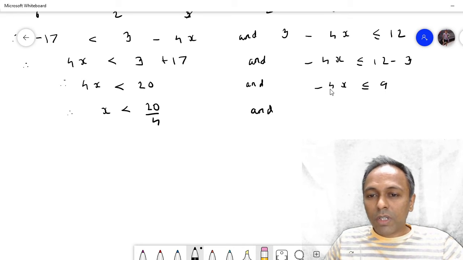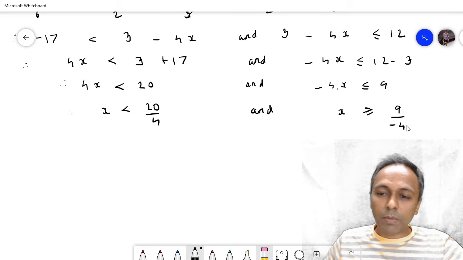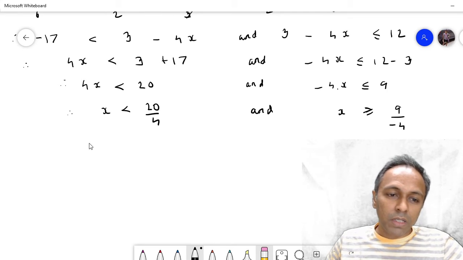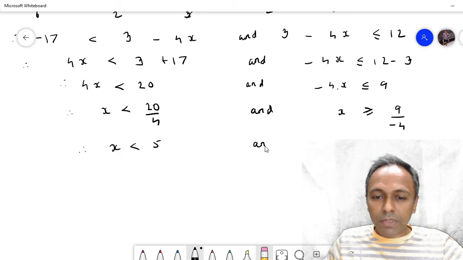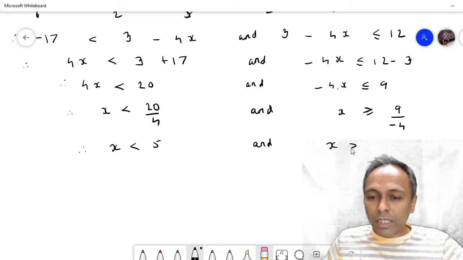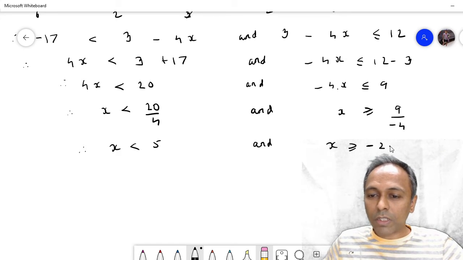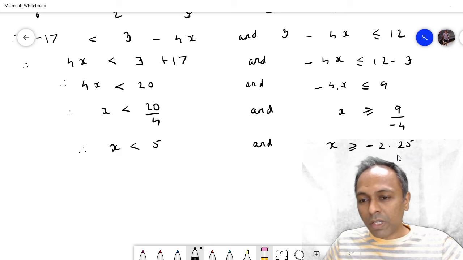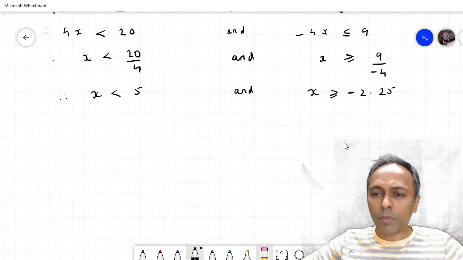Be careful, you will have to divide with minus 4 to get x. When you divide with a negative number, your inequality sign will change to opposite, 9 upon minus 4. Therefore x is less than 5 and x is greater than or equal to minus 9 upon 4, which is 2.25, or you can write in mixed fraction form as 2 1 upon 4.